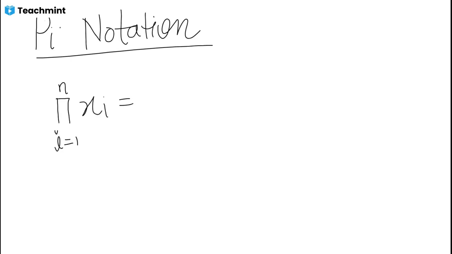The product of xi means we are multiplying n values like x1, x2, x3 up to xn.